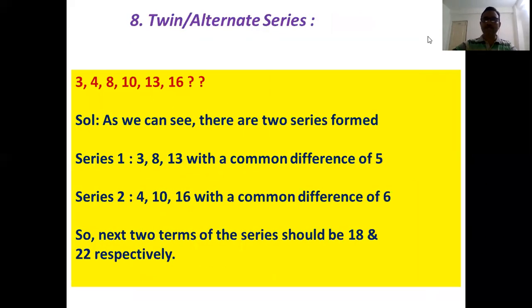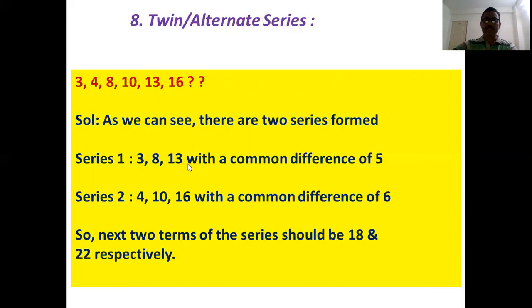In the same way, the next series is twin arithmetic series, twin alternate series. As you can see in this question, there are two series that are being formed. The first series is 3, then 8, then 13. You can observe this series has a common difference of 5.